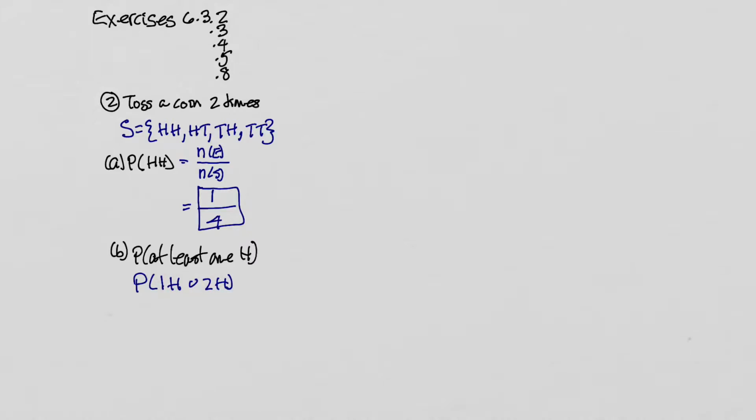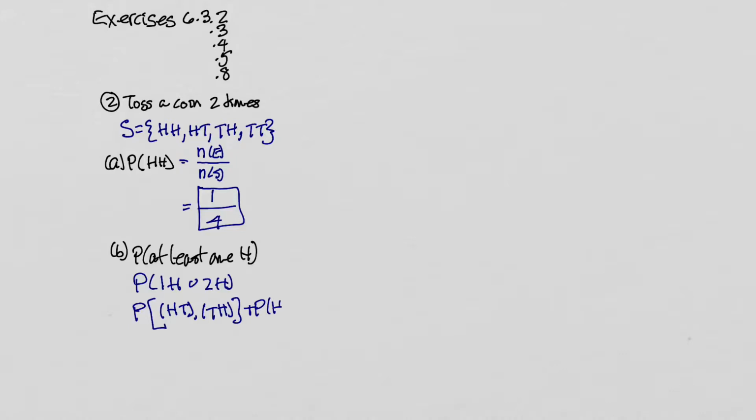So let's write this event here in terms of exactly how could you get this? This is going to be the way I see it. 1 head you could get like this. You could get a head and a tail, or you could get a tail and a head, plus, you could get exactly 2 heads.